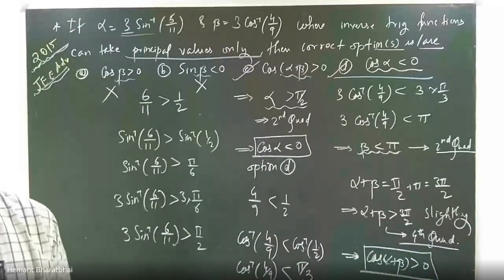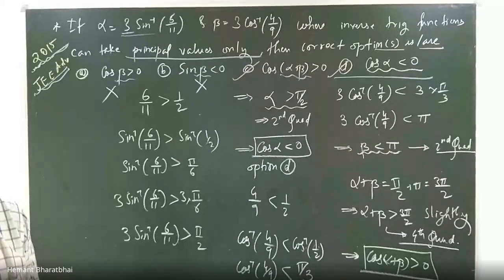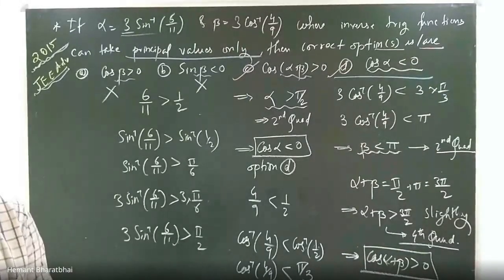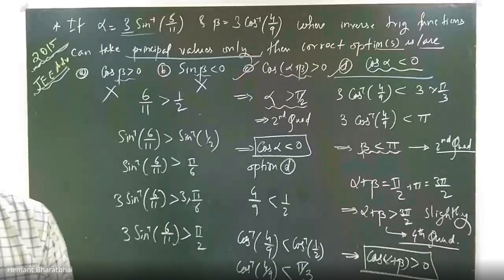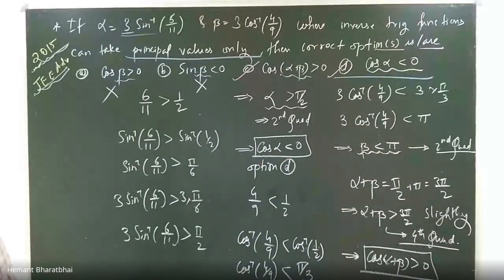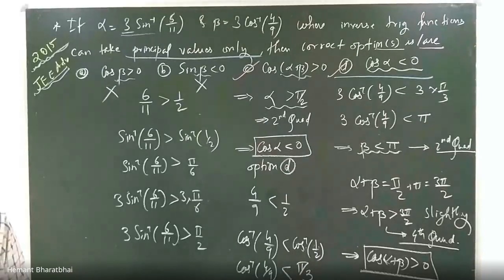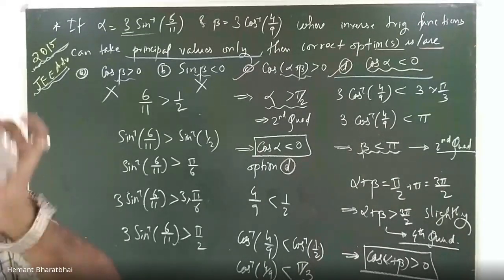Is this numerically clear? If you have not understood anything, please ask me. This has come in your JEE Advanced 2015. If you have not understood, then please ask me.